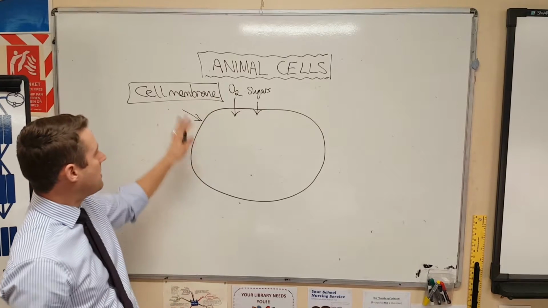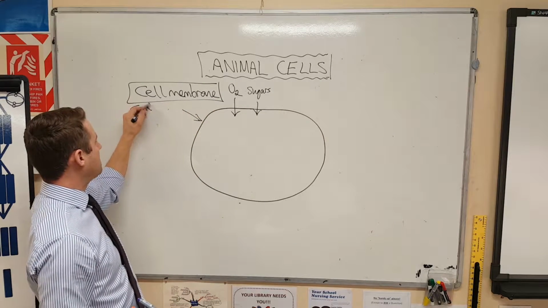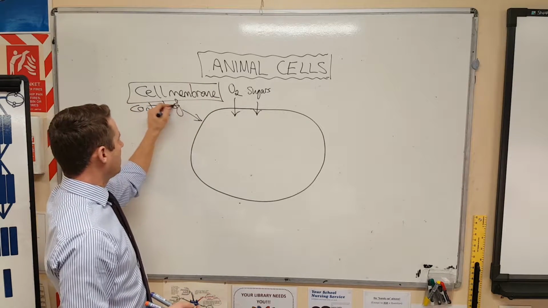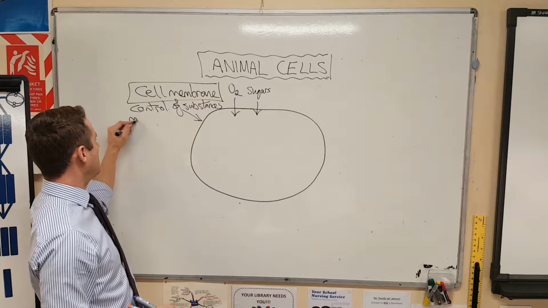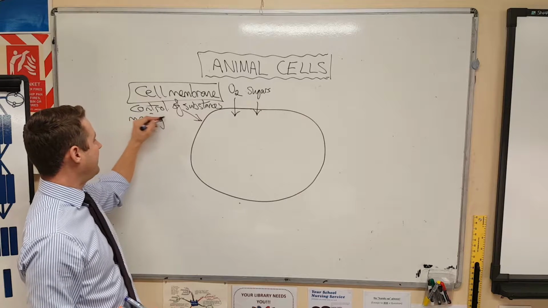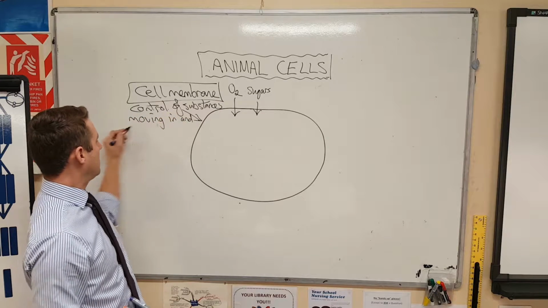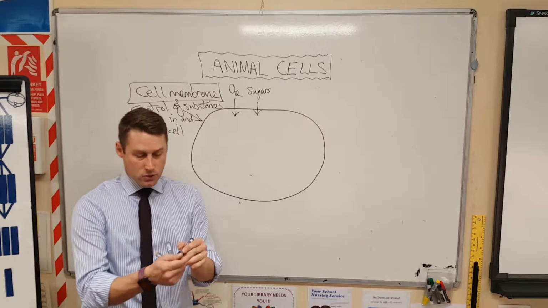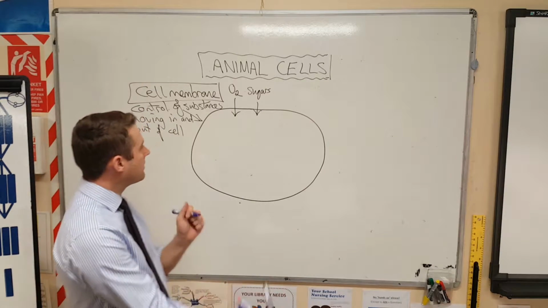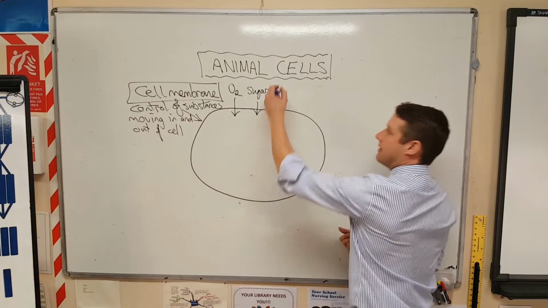So with the cell membrane, we're talking about control of substances moving in and out of the cell, and the sort of processes that we're looking for here are going to be diffusion.